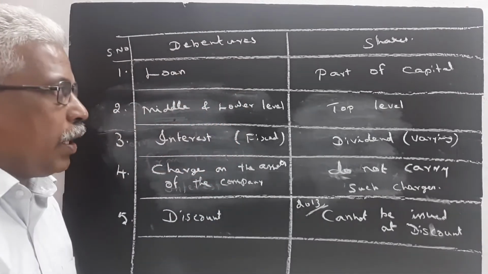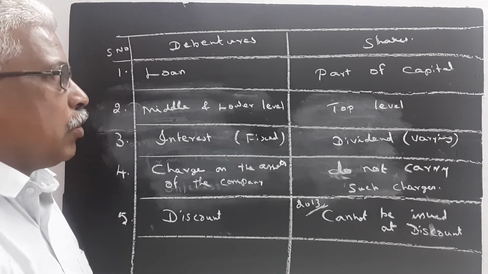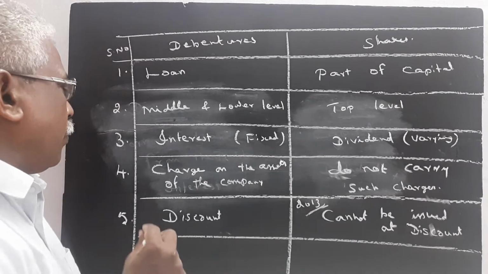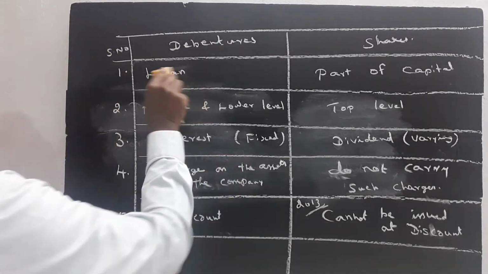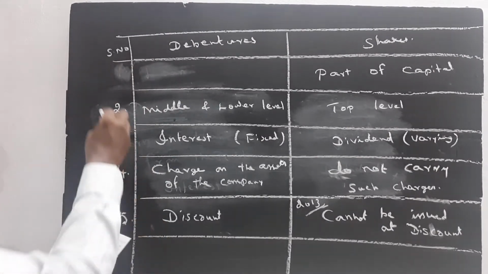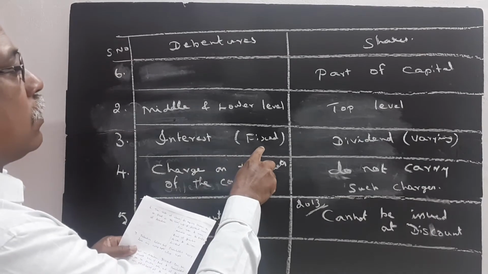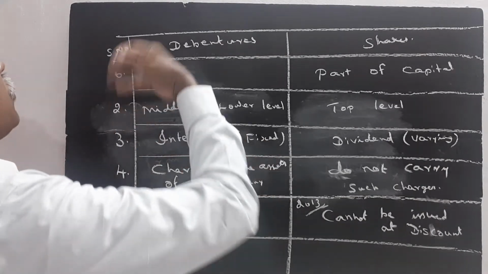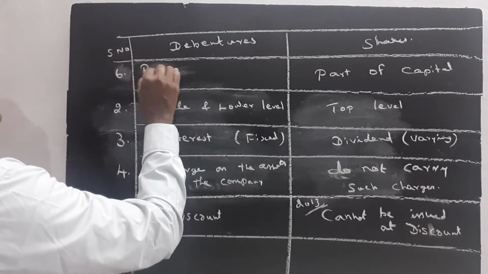These first 5 points are very easy. Anyway, you have to study 10 points, then only you will be able to write at least 5 points in the examination time. So, point number 6, I want to explain here. Already we studied fixed rate of interest. The same point comes again. The rate of interest is fixed.